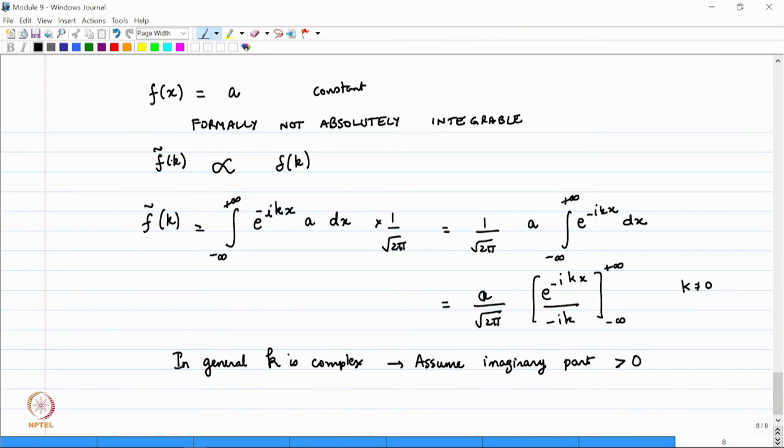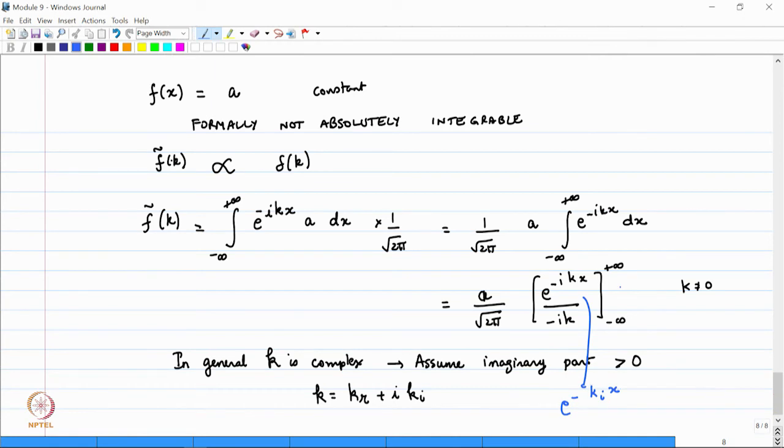then what happens is this will have e to the minus imaginary part. If I write k equal to k r plus i k I, then you will have a term that looks like e to the minus k I x, where k I is greater than 0.